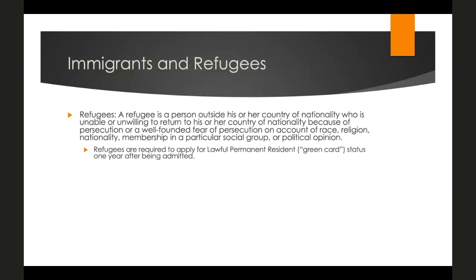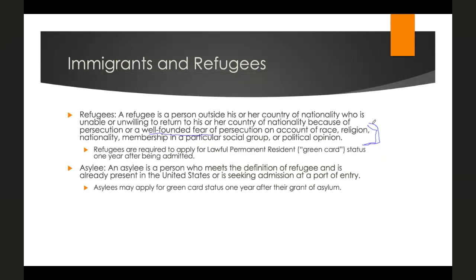So this is the idea that you have a well-founded fear of persecution and you are fleeing your country of origin based on some sort of protected status. You are then required to apply for lawful permanent residency status 1 year after being admitted.